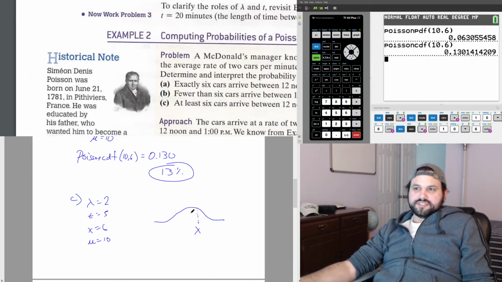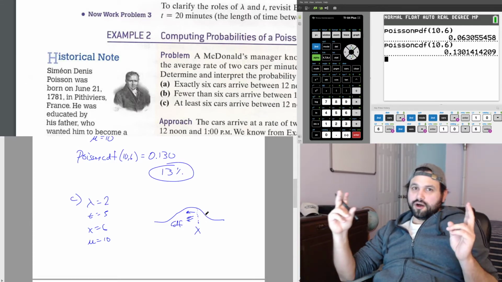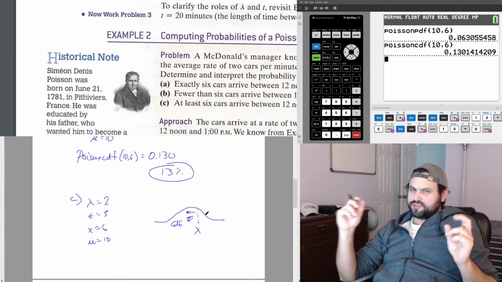When I do CDF, it's giving me all this stuff that's less than or equal to it. Okay? This is CDF. Right? It's giving me all the probability all the way up to x. So if I need to know the other side of this, well, that's the other probability, the other percent.